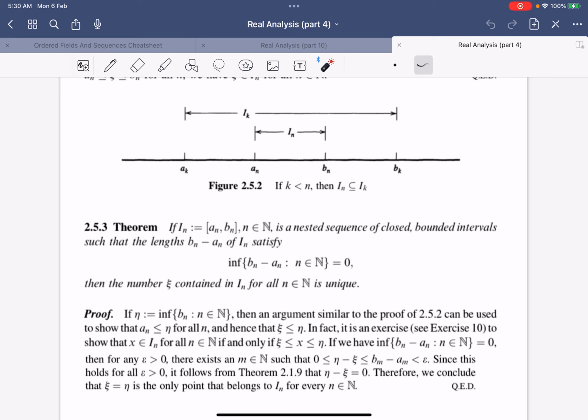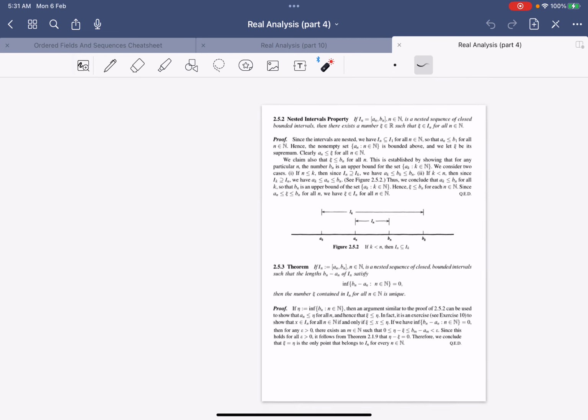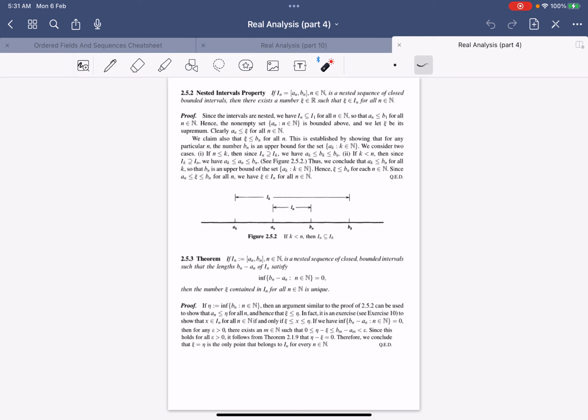The same argument follows, but now you just need to show that the infimum of bn equals the supremum of an. I'll leave the proof for your reading, but it should be fairly simple to follow, because it's similar to proving the nested interval property, but instead of using the an as the set where you use the supremum, you use the bn as the infimum set.